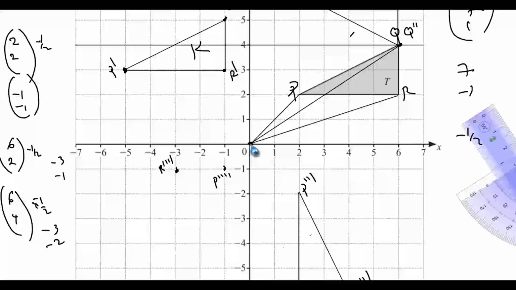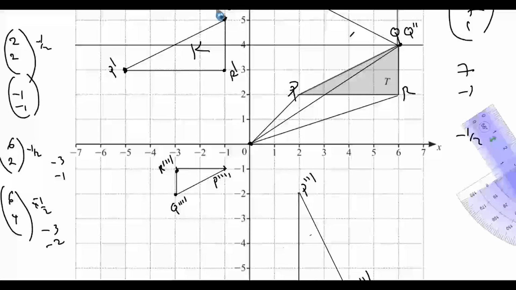From here, minus 3 will be here. Then minus 2 will be 1, 2. So you can see that the distance between Q and R will now be 1 instead of 2 that you have here. So this will be Q prime prime prime prime. So let's connect the 3 points together, this and this, then this and this, and finally this and this.